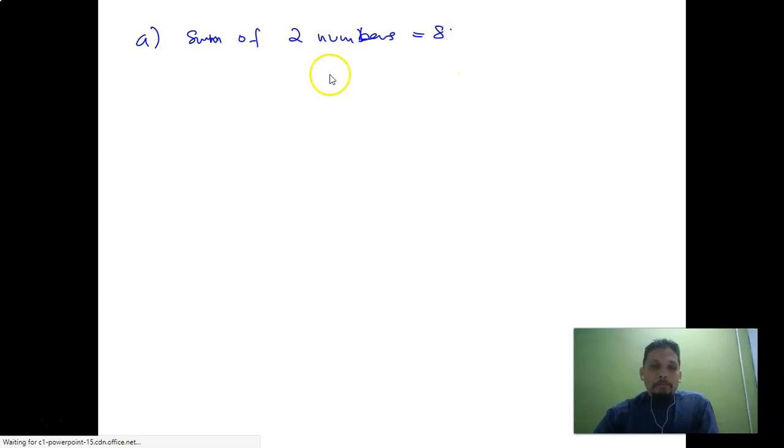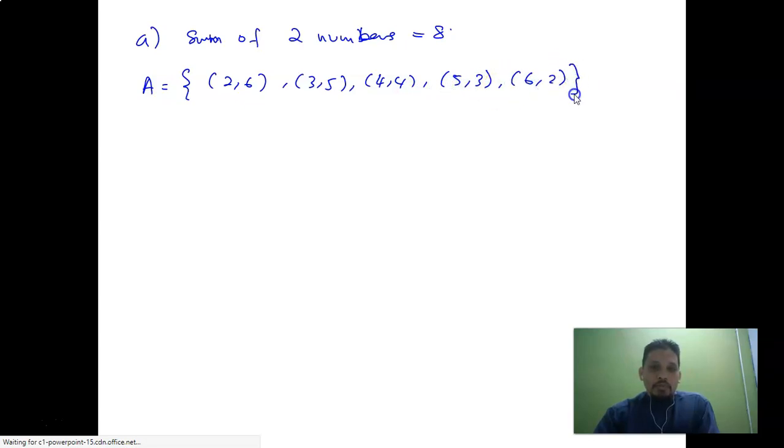Equal to 8. Okay, so let A be an event with 2, 6, 3, 5, 4 and 4, 5, 3 and 6, 2.